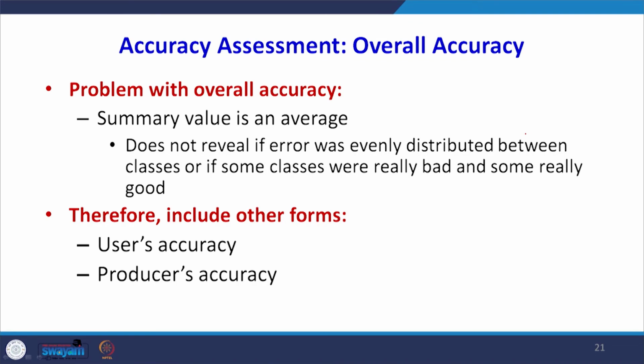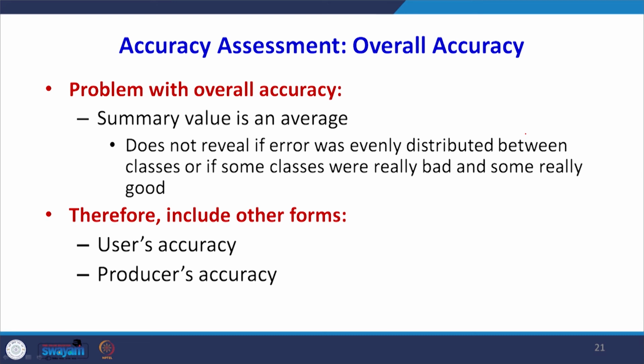The value is an average, and it does not reveal if the error was evenly distributed between the classes, or if some classes were really classified poorly and some are classified in a very good manner with high accuracy. Some are identified with high accuracy and some with low accuracy. So, it will not give you that kind of data.